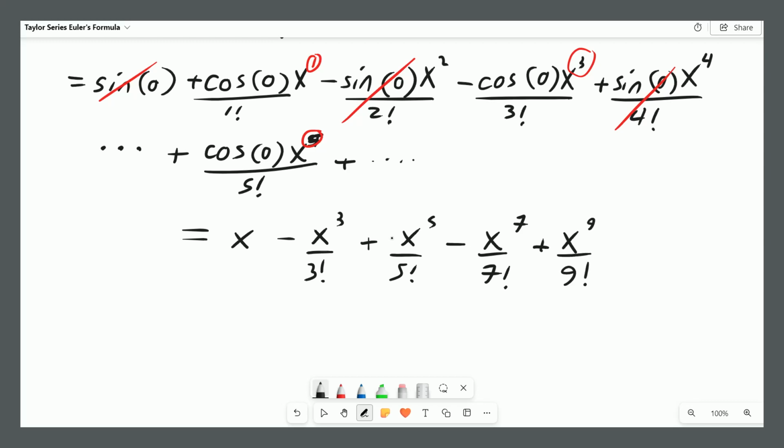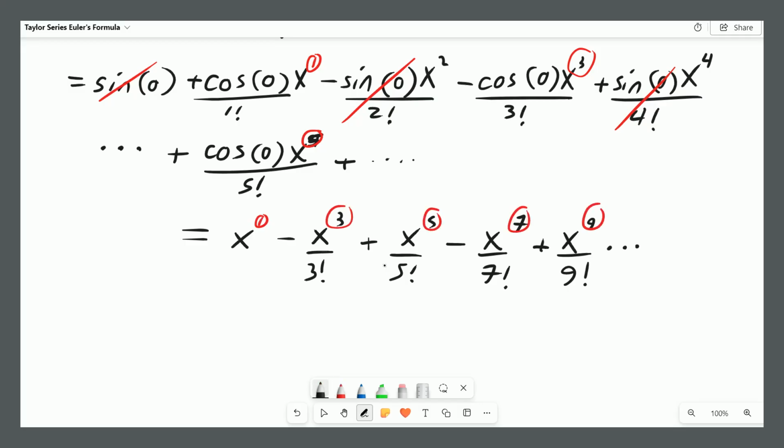Again, because the derivative of sine x is cos x, and the derivative of cos x is negative sine x. So now we just have an alternating positive negative, but with the odd exponent terms.